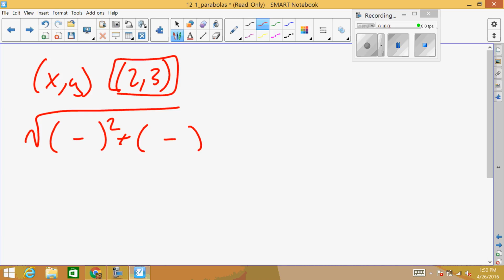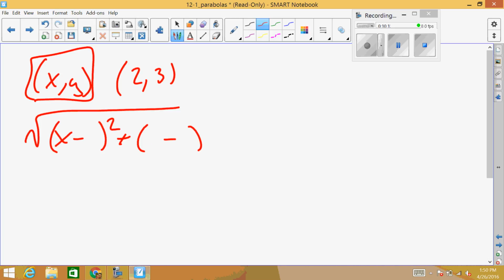I changed my mind. I want to use my x, y first. That's going to work out nicer for us later, so let's stick with that. So x, y, the second point, 2, 3. And I almost forgot my square there on my second parenthesis.